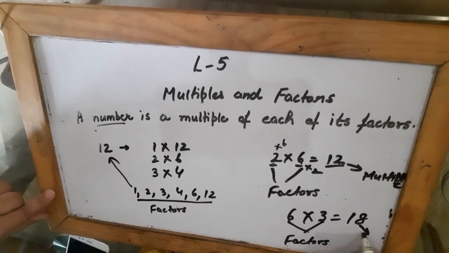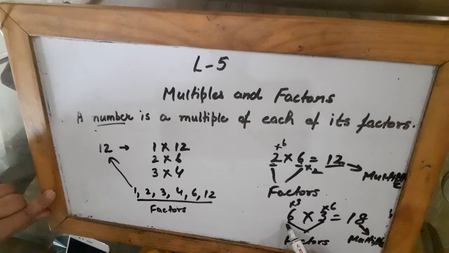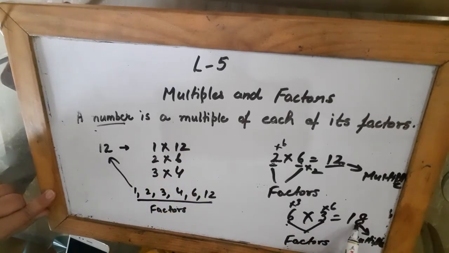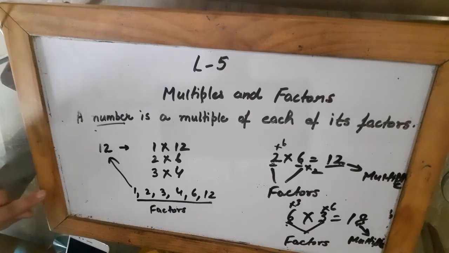And 18 is a multiple of 6 and 3, because when I multiply 6 with 3 I get 18, and when I multiply 3 with 6 I get 18. So 6 and 3 are the factors of 18, and 18 is a multiple of 6 and 3. A number is a multiple of each of its factors.